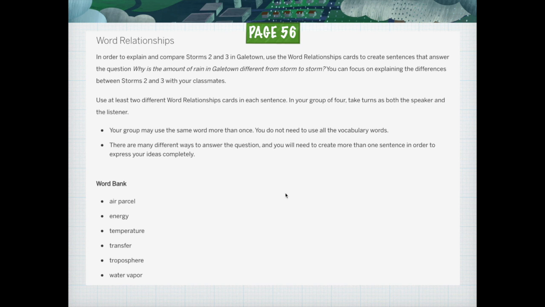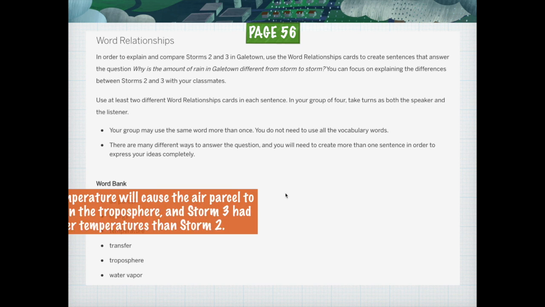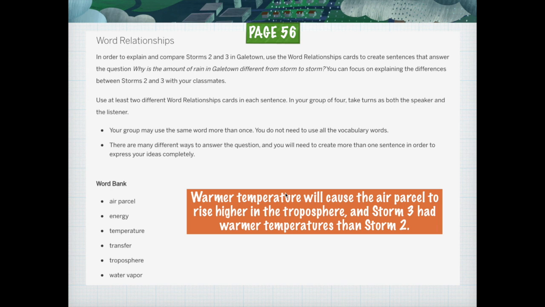So an example of this would be: warmer temperature will cause the air parcel to rise higher in the troposphere. And storm 3 had warmer temperature than storm 2. So my explanation is showing that when it rises higher in the troposphere, it cools more.